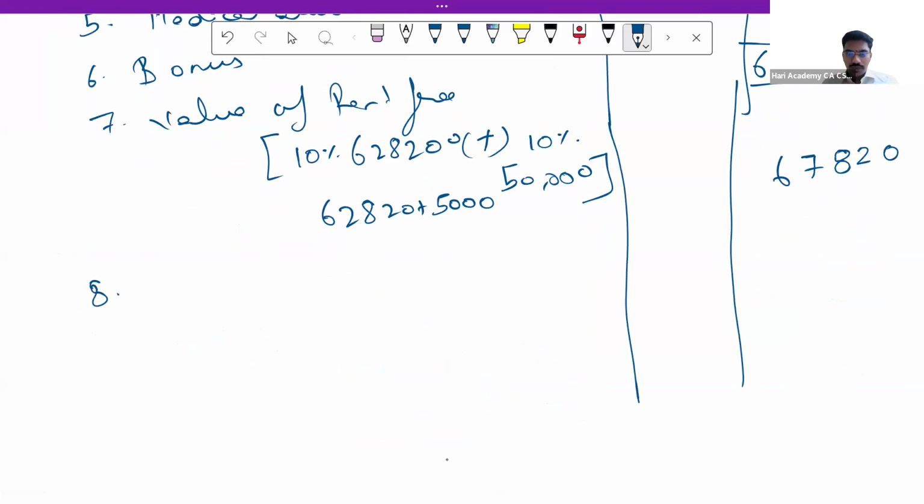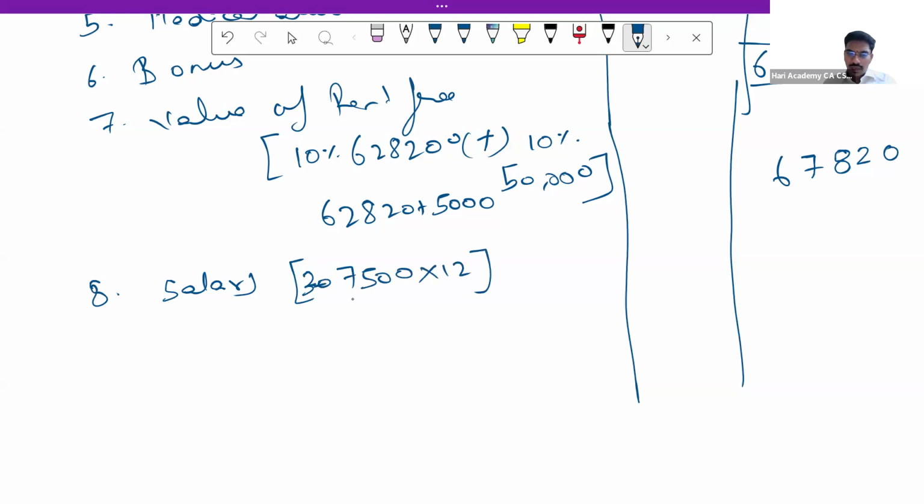Point number 8 is that she was provided with a sweeper and a watchman whose monthly salaries were 3,000 and 4,500 respectively. This amount of salary is fully taxable again. So it is 3,000 plus 4,500, which is 7,500, into 12.